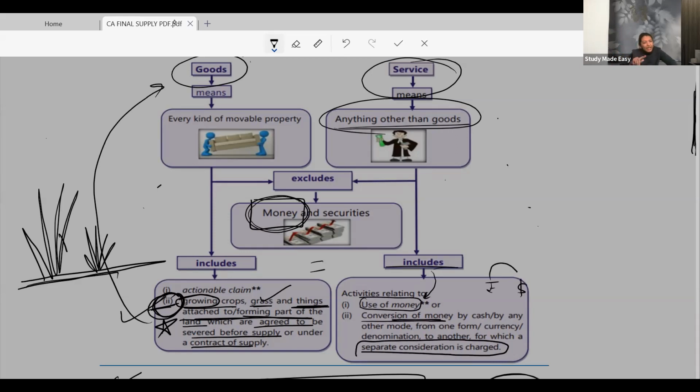For money, any separate charge, those separate charges are actually a service to that person. Understood? Any doubt in the definition of goods and service? Any doubt? So can we start writing for goods and service? I'm dictating, write it down.